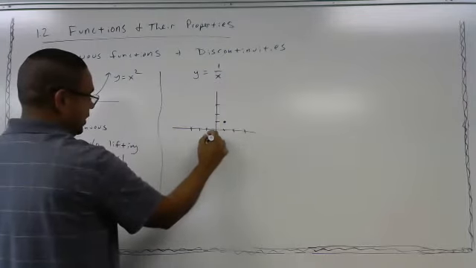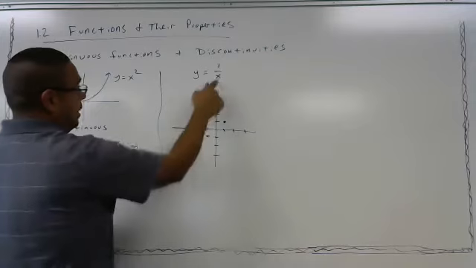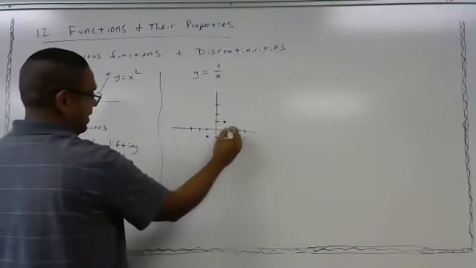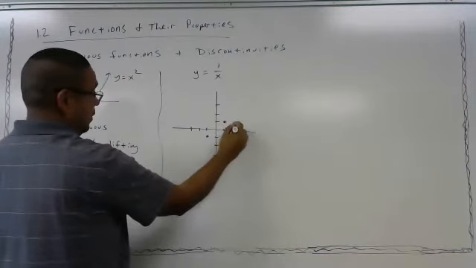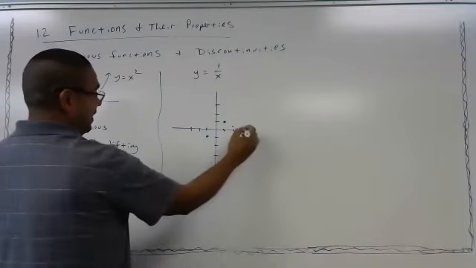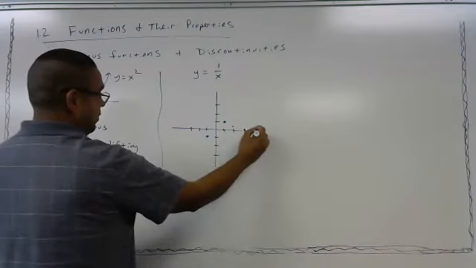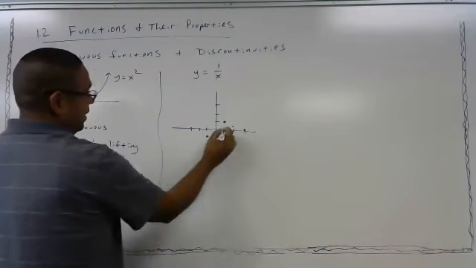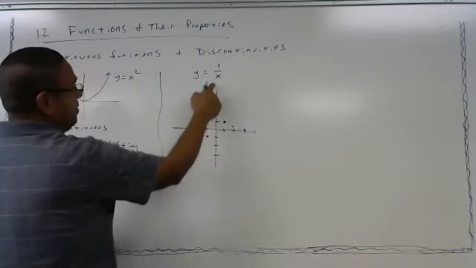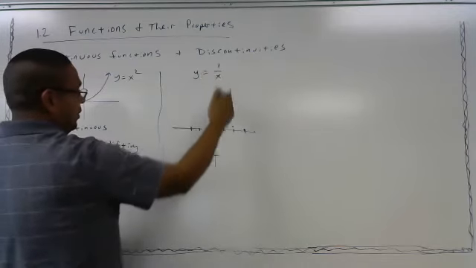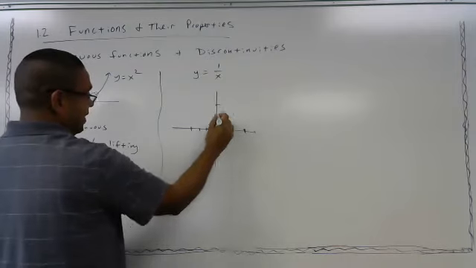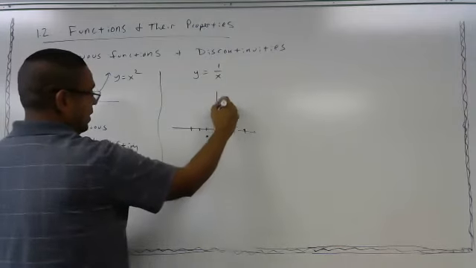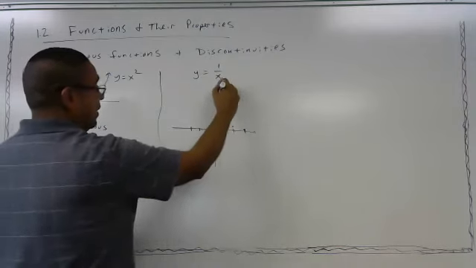Negative 1. What if x is 2? 1/2. What if x is 3? 1/3, and then 1/4. And if x is 1/2, then what's y? 2. And then 3.